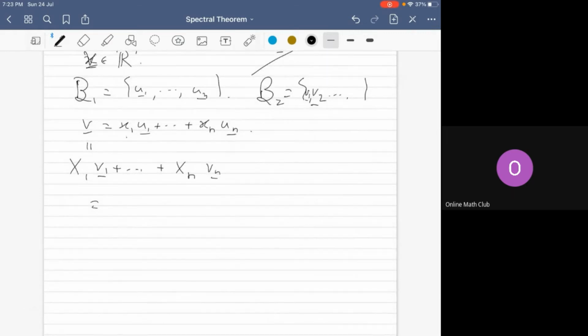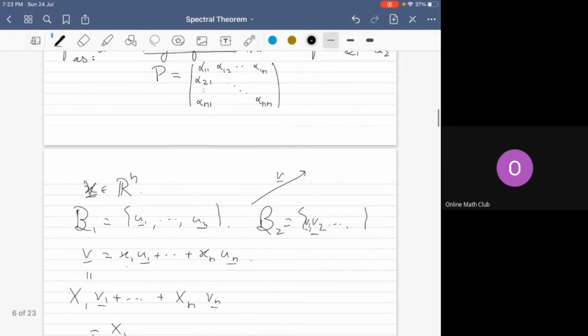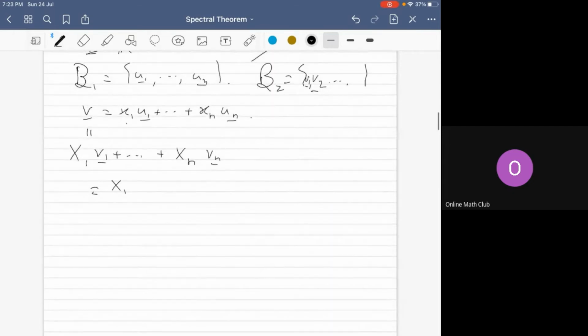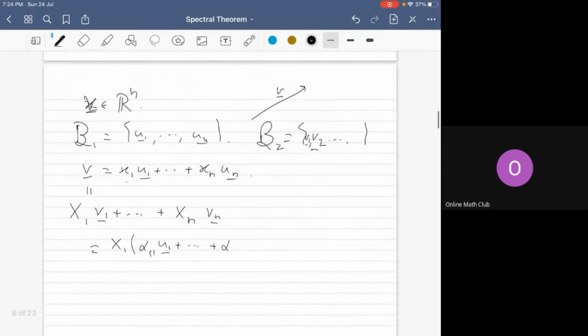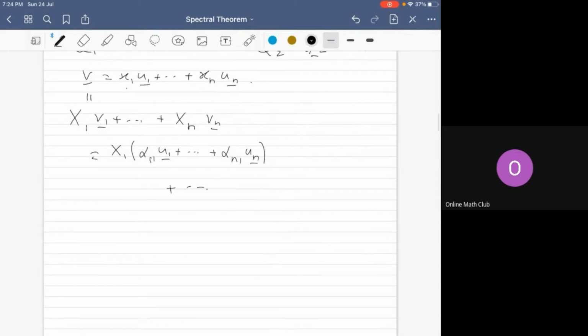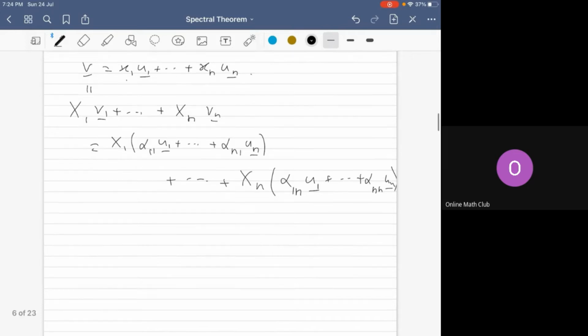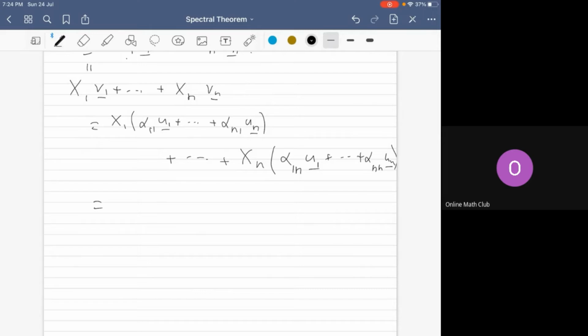So we have x1, and v1 was alpha 11 u1 plus, and so on until alpha n1 un, plus xn times alpha 1n u1 plus, and so on until alpha nn un. And we simplify this by clubbing the ui's together.